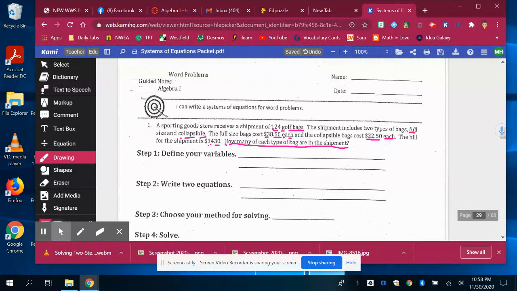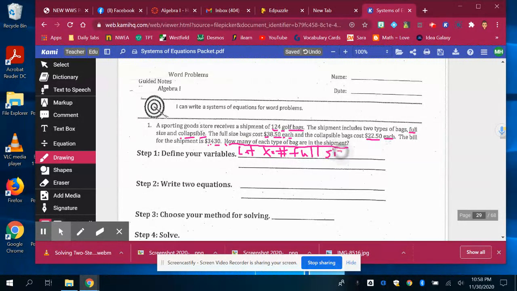Well, we're talking about how many of each type of bag. So I'm going to let x equal the number of full size bags, because we are looking for how many, and one type of bag is the full size bag.